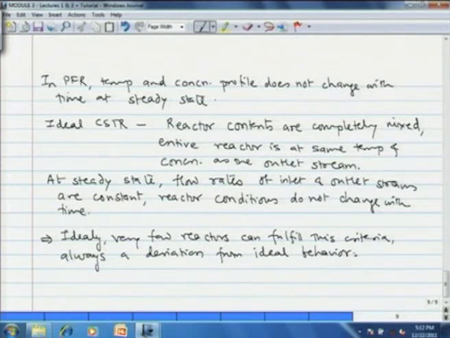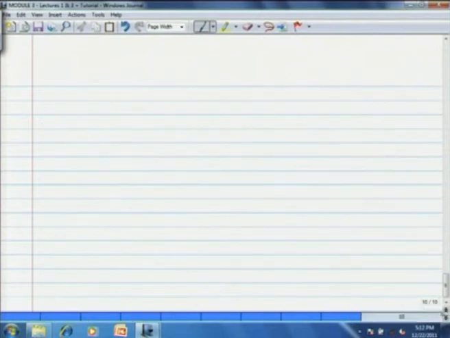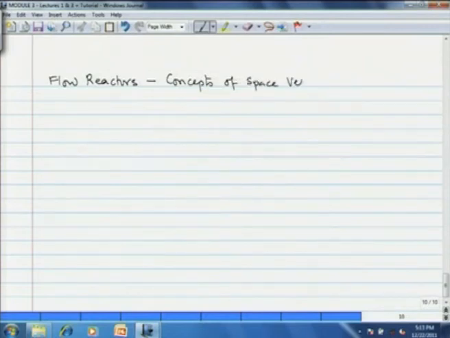Now, reactor performance can be improved by using recycling of some of the reactants and products, and that we have already seen in the previous module. Now, as far as flow reactors are concerned, whether CSTR or PFR, there are two concepts that are used for analyzing them. And these are the concept of space velocity and space time.